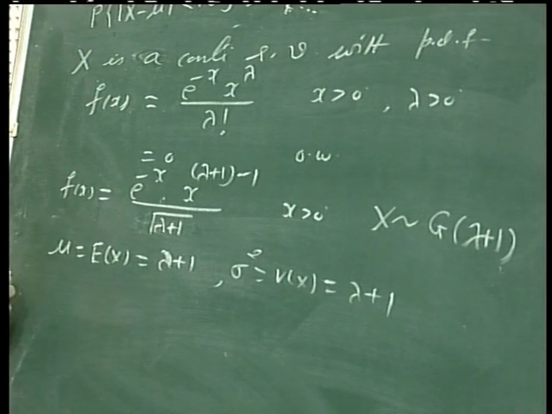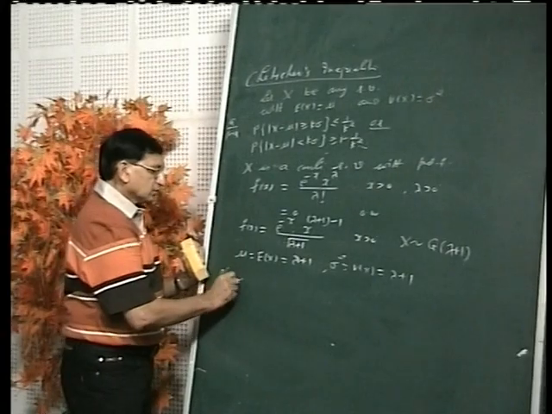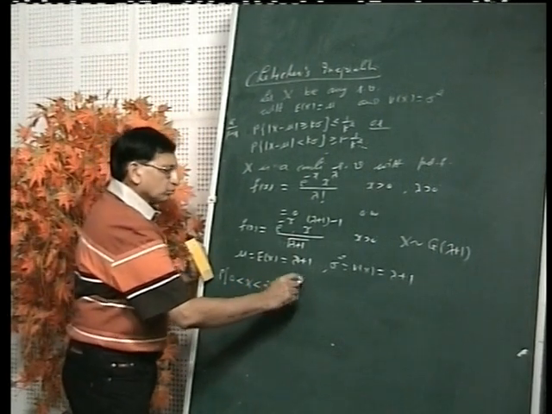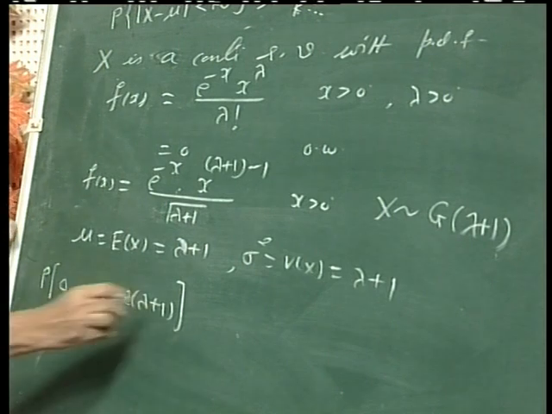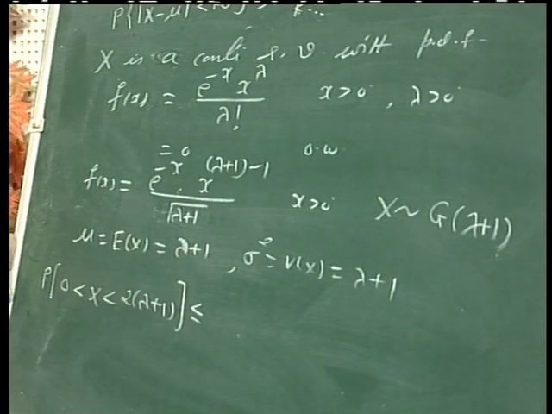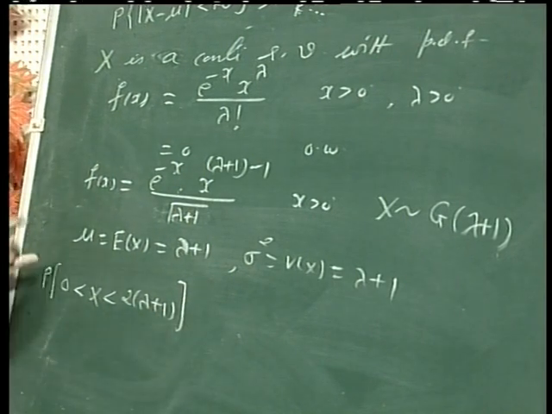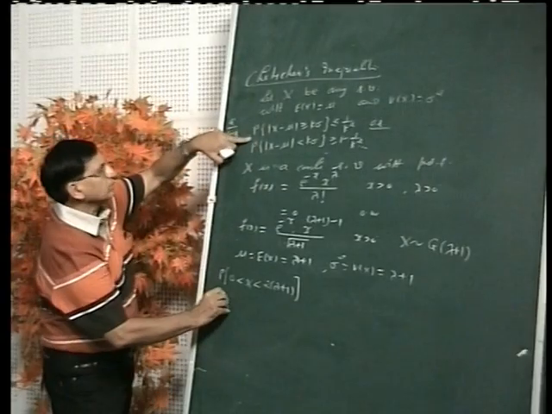Now suppose we want to find probability that 0 is less than x is less than 2 into lambda plus 1. Prove that this is greater than or equal to something. This we have to prove. Now let us apply Chebychev's inequality.